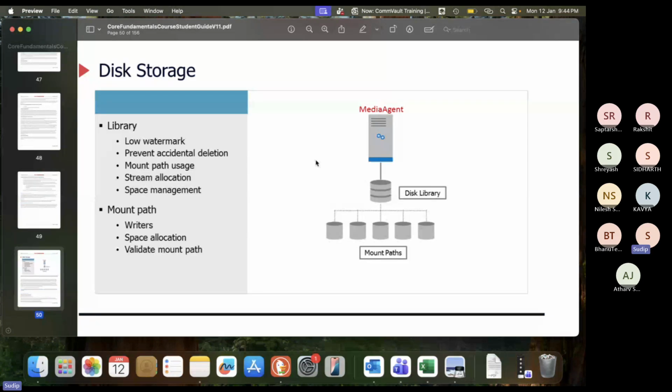Then there is a concept called WORM, write once, read many. Once you use WORM, at least from the Commvault perspective, you cannot expire the data until its retention period is completed. That's where prevention of accidental deletion comes into the picture.